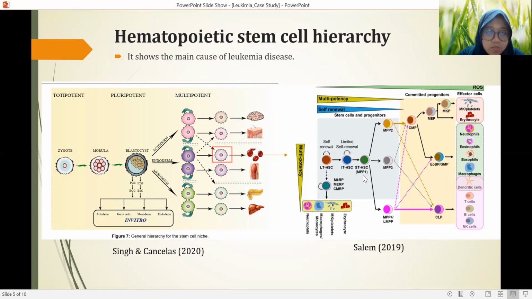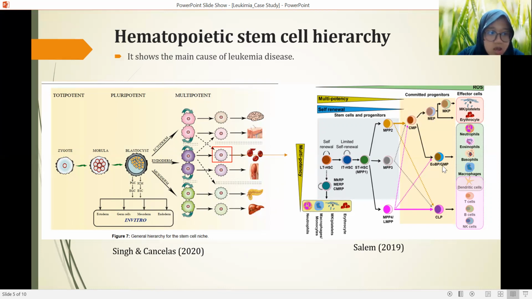MPP2 and 3 will differentiate into the common myeloid progenitors or CMP, which can further differentiate into mature hematopoietic cells via megakaryocyte-erythrocyte progenitor or MEP, and granulocyte-macrophage progenitors or GMP.